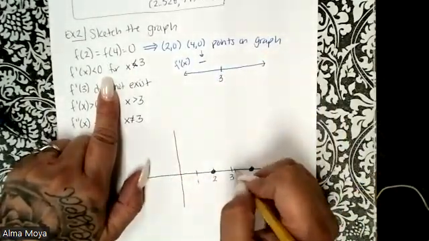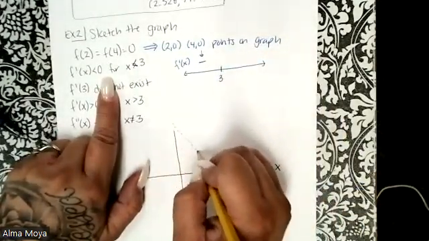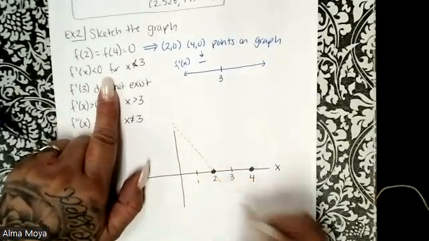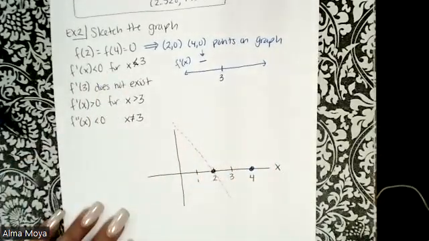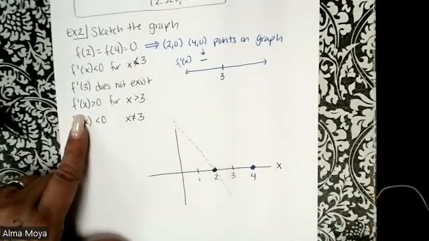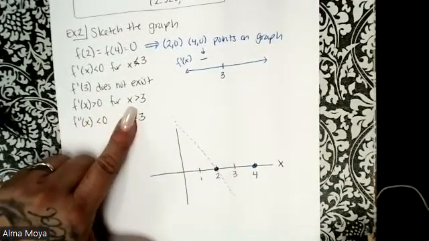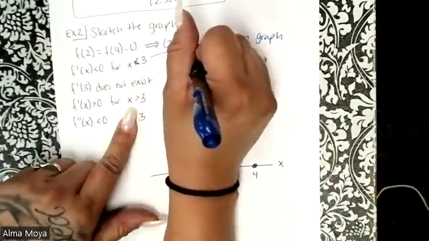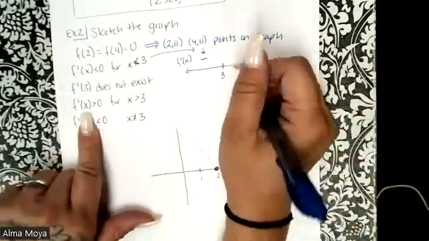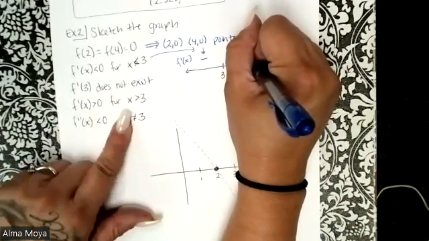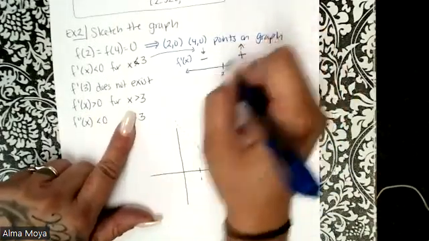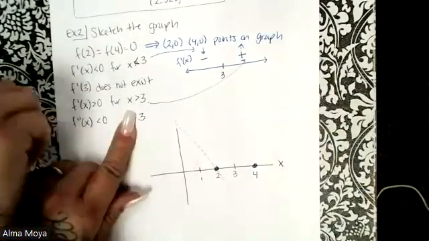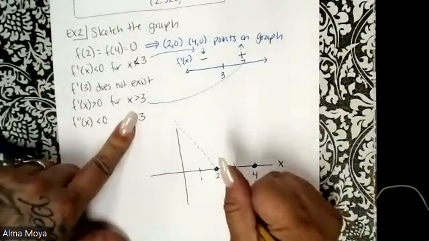So from negative infinity to 3, I know the graph is going downward somehow. And then right here, look, it says it's increasing for x greater than 3, because it's positive. That's that part right there. So then the graph somehow starts going up.